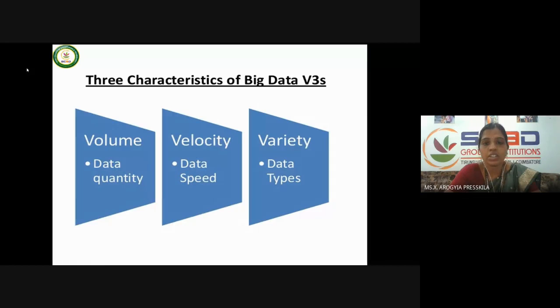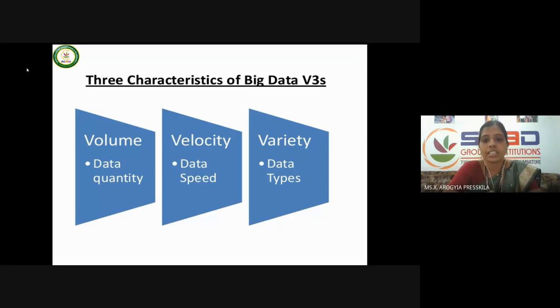So many users are there, so when users share data, it has a large quantity. That quantity is specified in terms of volume. That is one of the characteristics of big data.